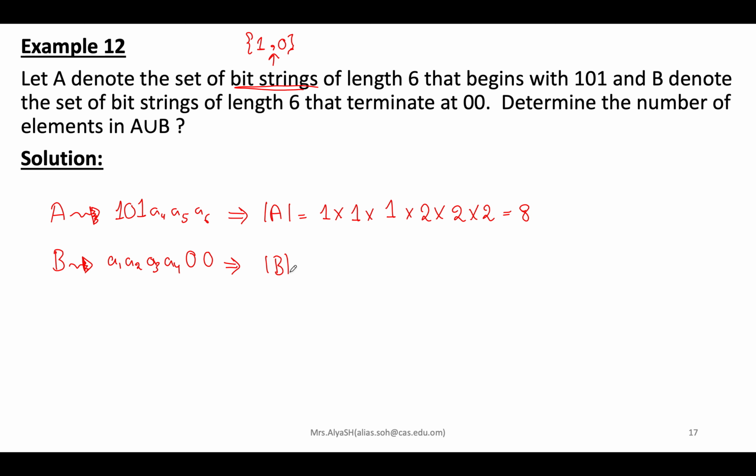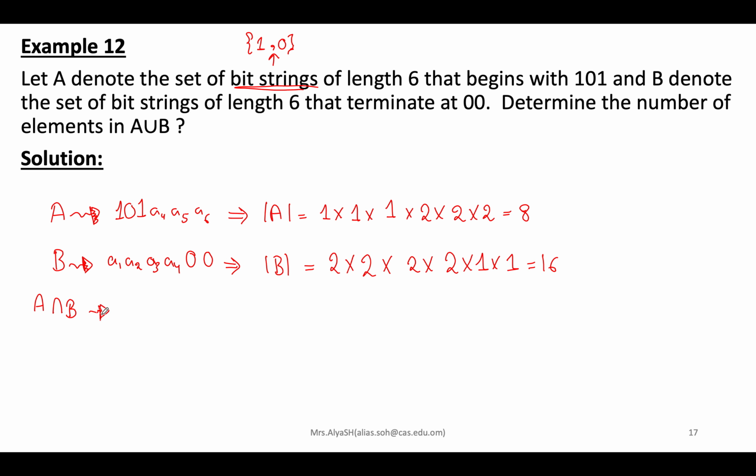B: the first can be either 0 or 1, the second 0 or 1, the third 0 or 1, the fourth also 0 or 1, and then it should end with 0 and 0. So here we got 16. Now before we find A union B, I should find A intersect B.